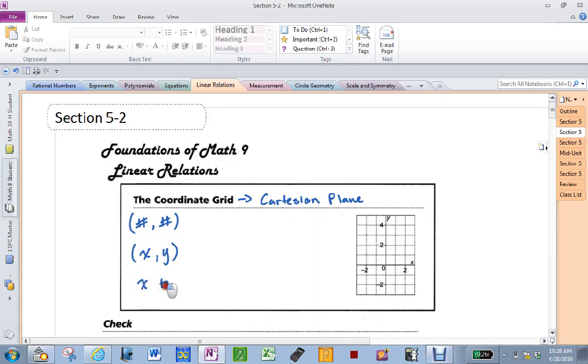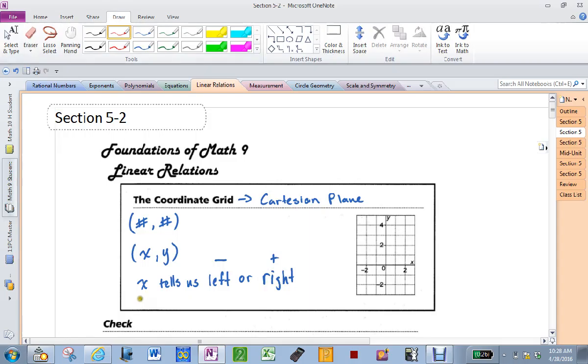X tells us left, which is negative, or right, which is positive. Y tells us up, down, which is negative, or up, which is positive.